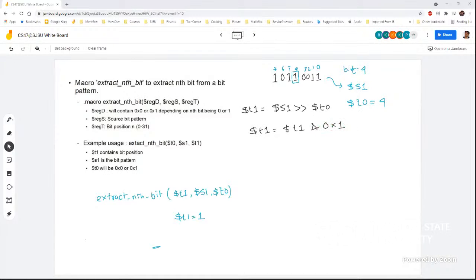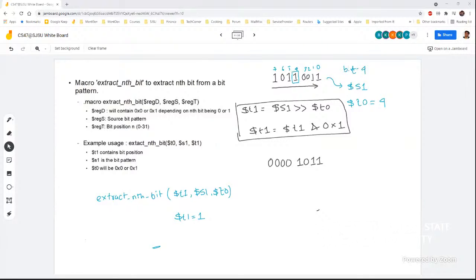So essentially, we left shift the whole pattern 4 times in this example. After 4 times shift towards the left, what we get is 0, 0, 0, 0, 1, 0, 1, 1. So these 4 bits will go out of scope, and this bit will sit in the LSB side.